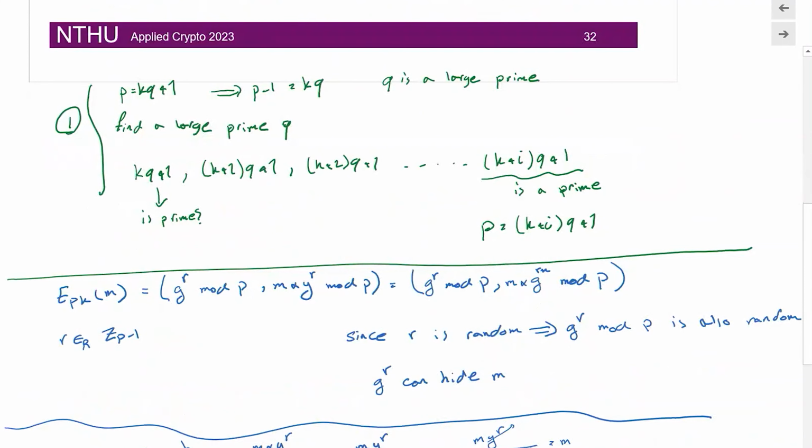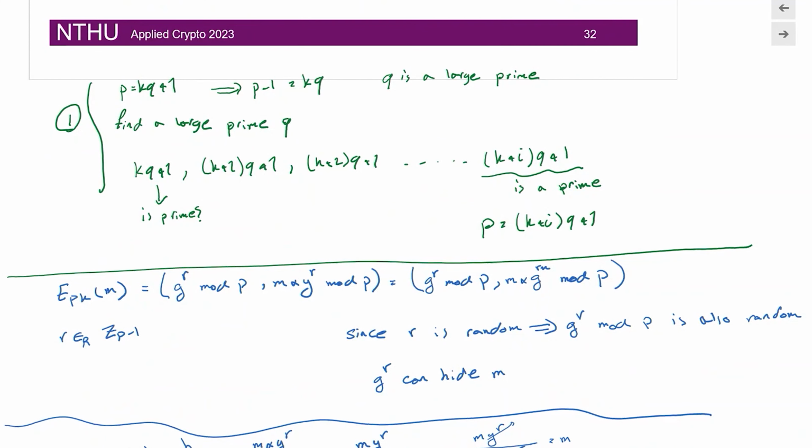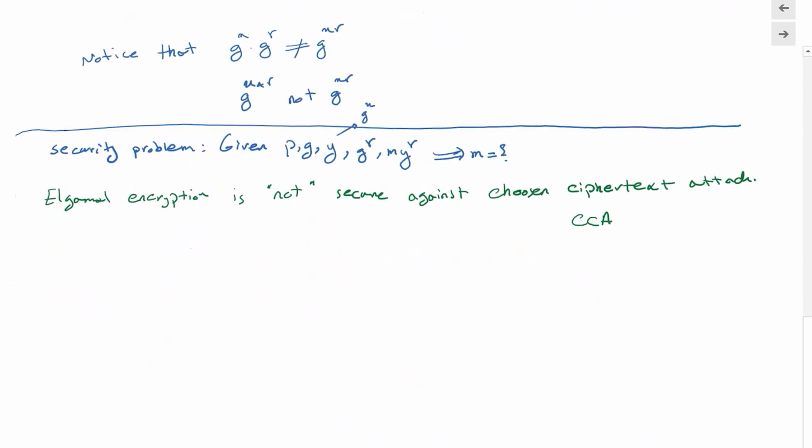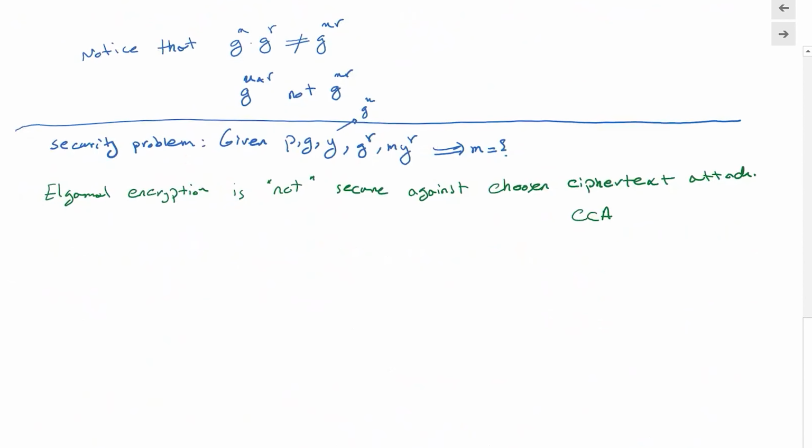But today we are going to discuss a slightly different problem, which has to do a lot with the security of the ElGamal encryption system. We said that ElGamal encryption is not secure against chosen ciphertext attacks, known as CCA attacks.